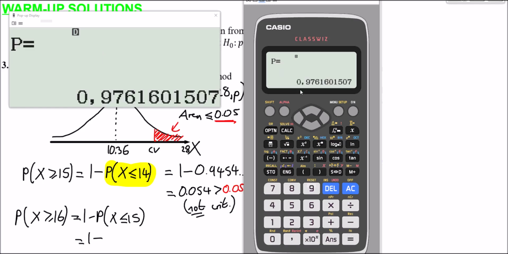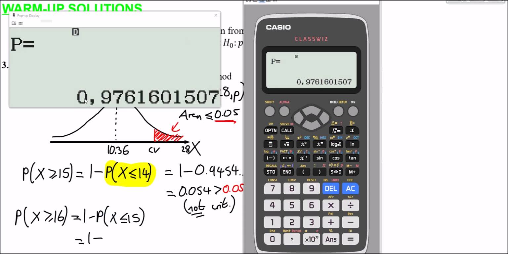Now you can clearly see when we do 1 minus this, we will be under 0.05. And because that's the next one up from what we tried before, which was not critical, this therefore has been proven 16 to be the first value that sends us into the critical region. Therefore x equals 16 is our critical value. But let's finish it off to formalise it and to secure our marks.